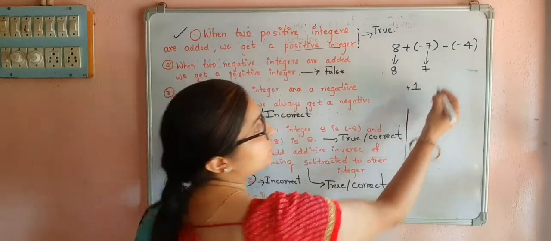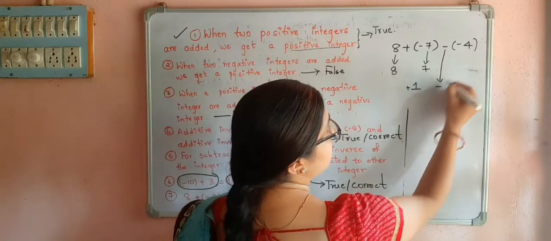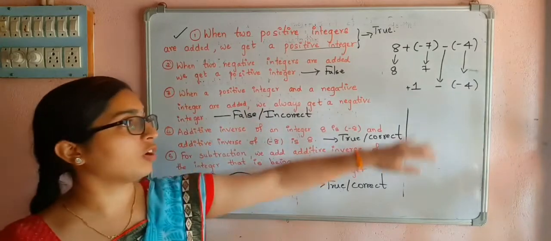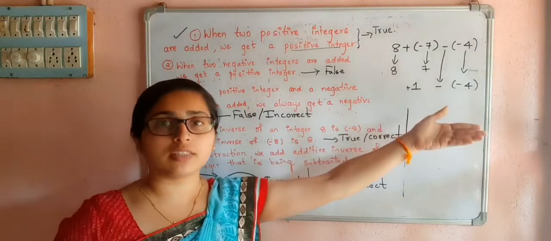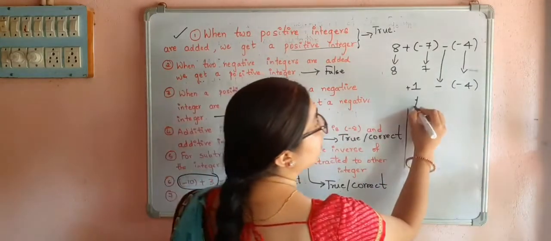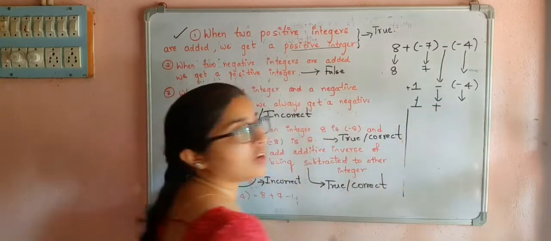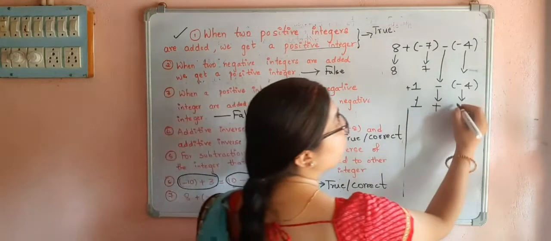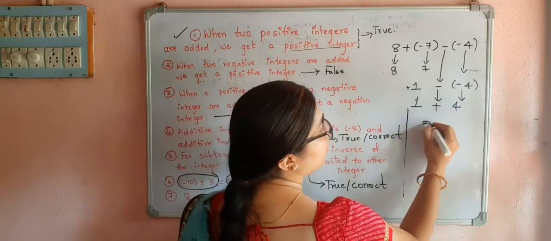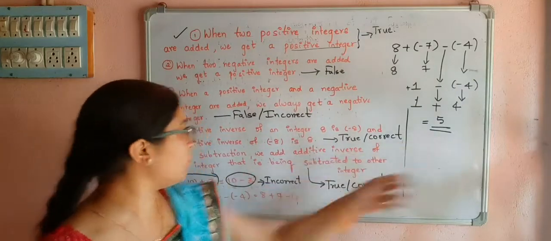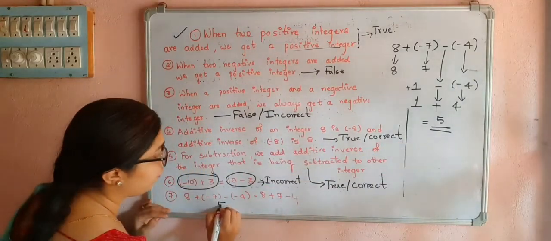So it is plus 1. Next take this as it is, minus 4. Now we have subtraction, so convert this to addition. 1, change this sign to plus, and the additive inverse of 4 is minus 4, so it is 4. So 1 plus 4 is equal to 5. So the answer for the left hand side is 5.